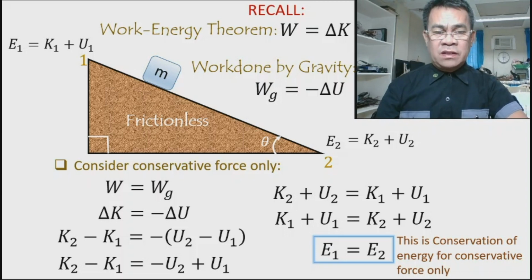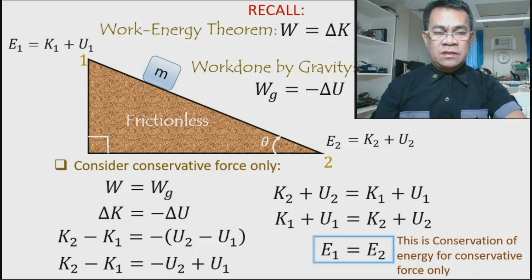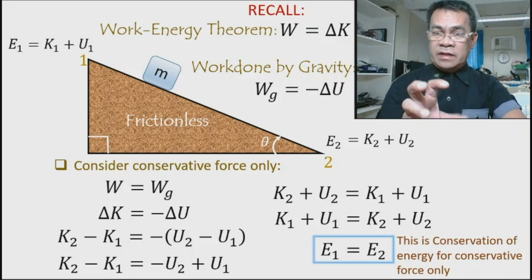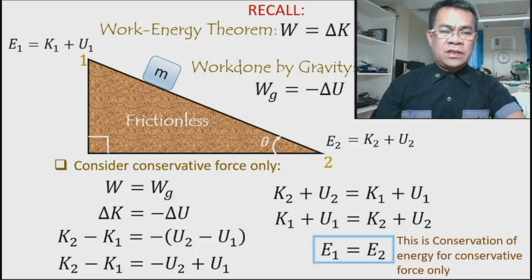Take note, energy cannot be created nor destroyed, but we can transform it from one form to another, which means that potential energy can be converted to kinetic energy, and vice versa. Kinetic energy can also provide potential energy, because energy is conserved and can be transformed from one form to another.